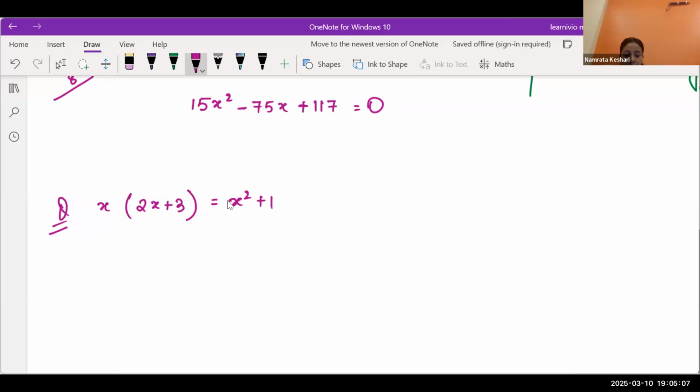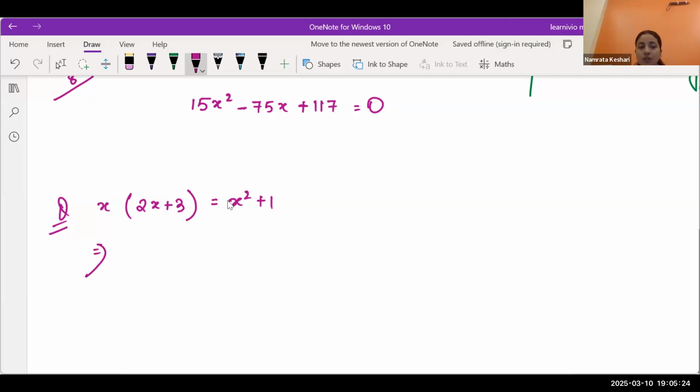Yes, ma'am. It is quadratic, Rayyan. Have you done? Okay. On LHS, you have opened the bracket, right? By using distributive property. Yes, ma'am.